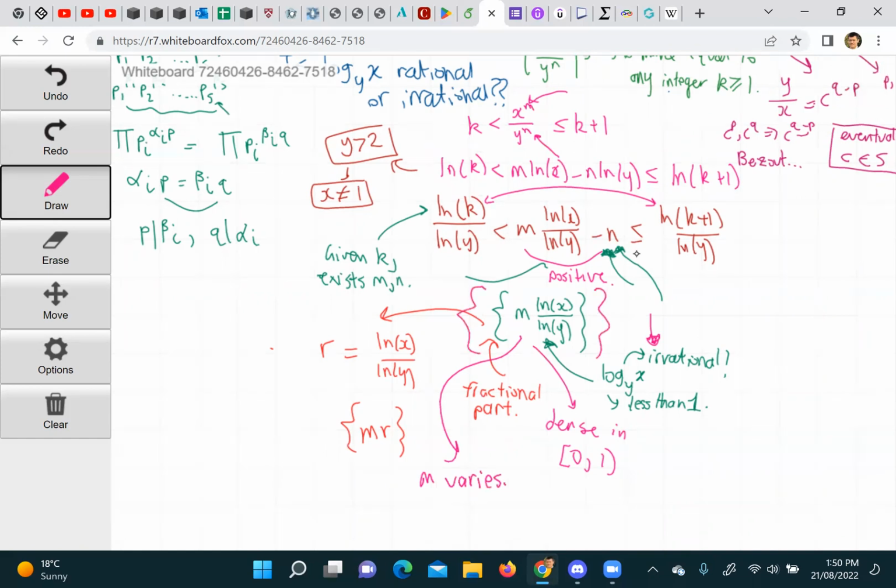The set of fractional parts as m varies is dense. The reason it solves the problem is that when you make m large enough, you can adjust n to make it fit between these numbers.